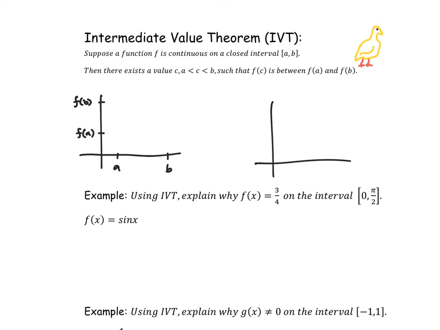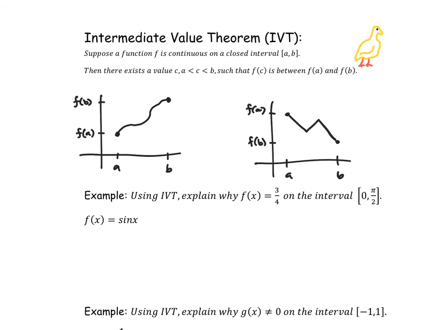I could have, here's a, here's b, here's f of a, and f of b is, depending on if the function is increasing or decreasing, right? So if the function is increasing, and it's continuous, right? I don't care what it looks like. It could look like that. It could look like that. I don't care.